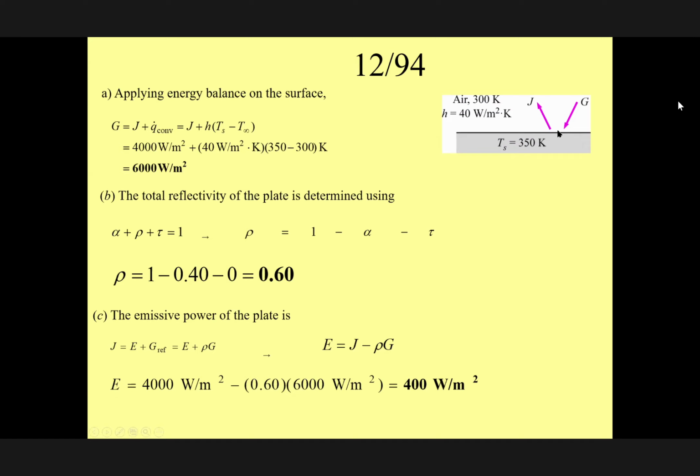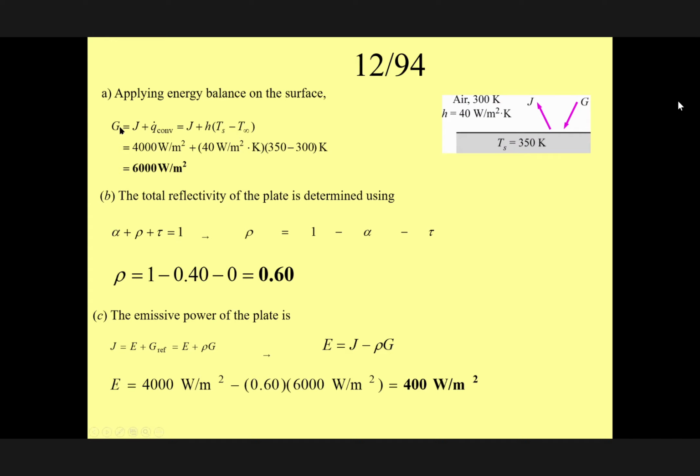If I write the energy balance for this one, I have some radiosity here, which is the summation of reflected and emitted. And there's another term involved here, that's convection. Therefore, this G, the radiation that comes to the surface, has to be equal to radiosity plus convective heat transfer. That's exactly what we're writing here. Any question on this part?